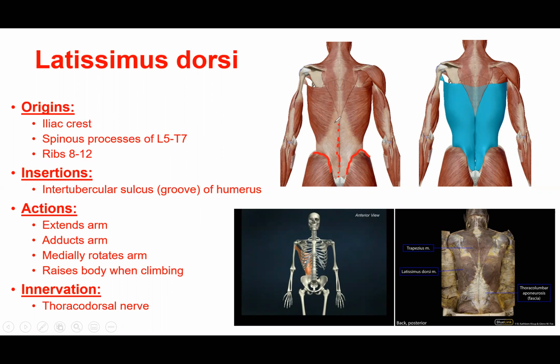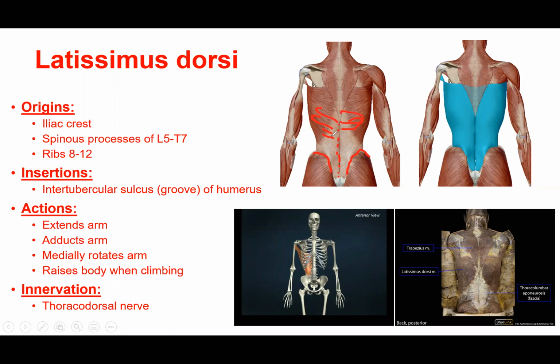And also it's going to originate on the ribs, which would be just deep to the muscle, right? So those last 4 ribs, you can imagine here. I'm going to draw them in best I can.